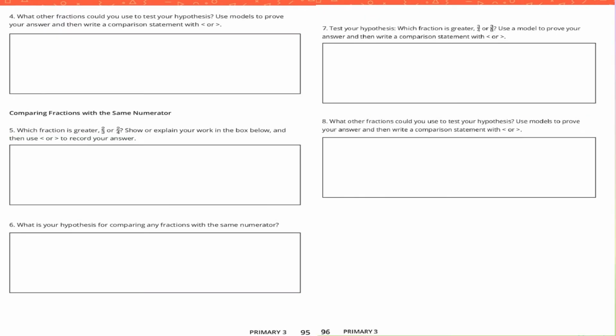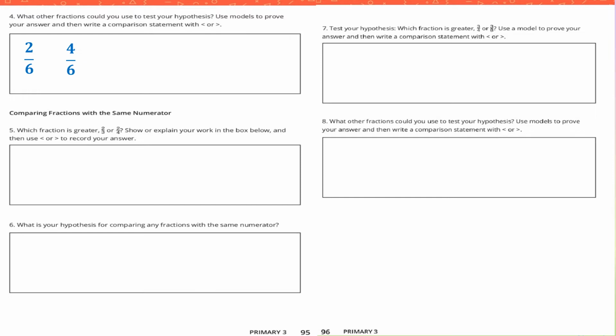Number 4 here. What other fractions could you use to test your hypothesis? Here I will give you an example. 2 over 6 and 4 over 6. Is it crazy or normal? Yes, it's normal. Why?